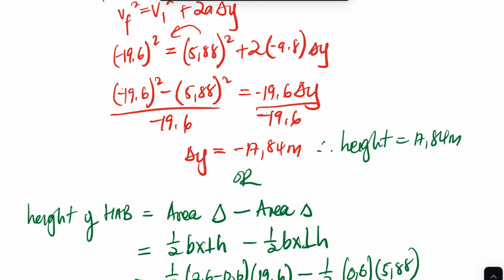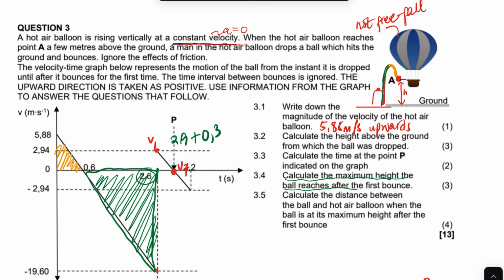I hope that makes sense. Let's look at the second last question. Calculate the maximum height the ball reaches after the first bounce. So the ball goes to the maximum height and goes down, so we wanted the maximum height there. So the maximum height after the first bounce.